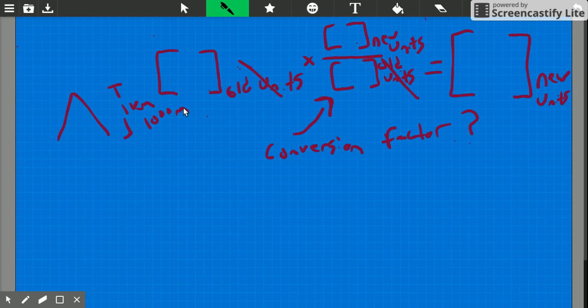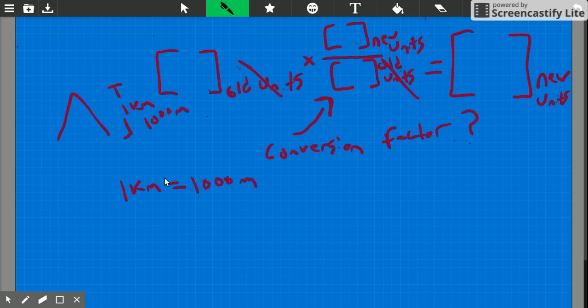We know that 1,000 meters is equal to 1 kilometer because we've already talked about metric units. But here we have an example of two different units measuring the same thing. They have the same value, but in different units. And usually we can write it out like this: 1 kilometer equals 1,000 meters.